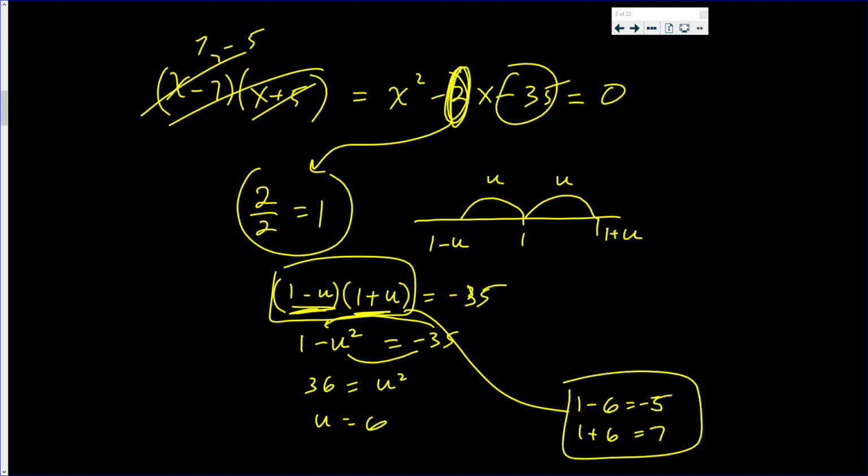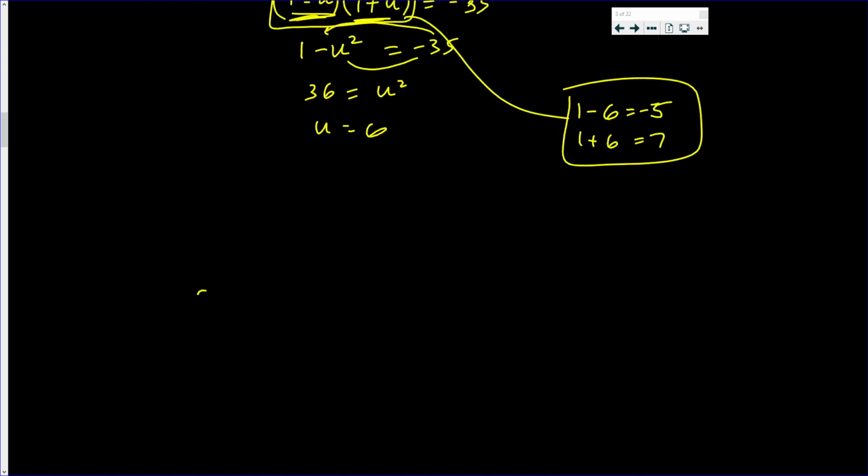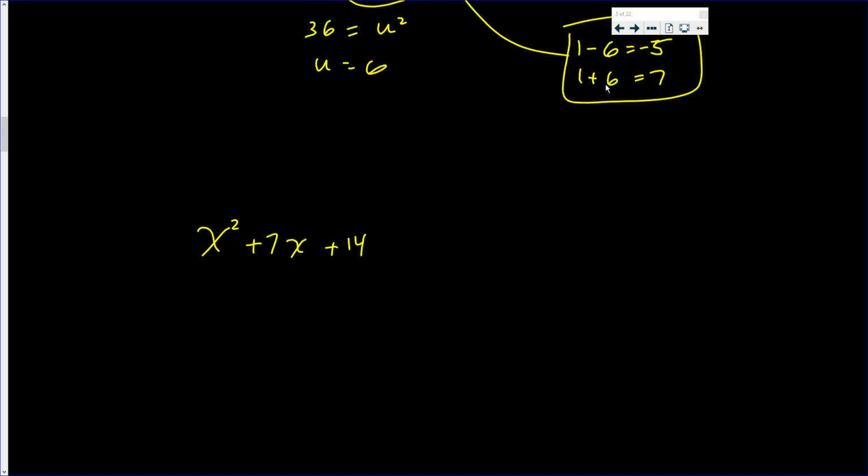It's really quick. If you have x squared plus 7x plus 14, remember, this number has to have a negative in front of it. This is the same as negative 7.